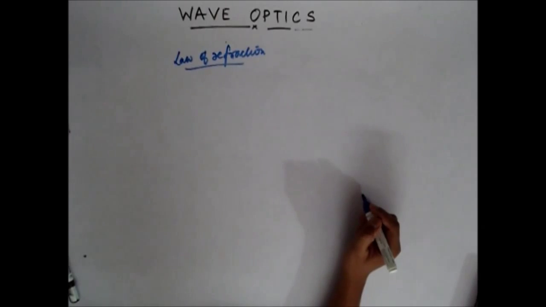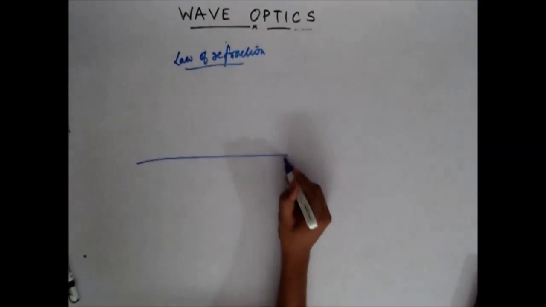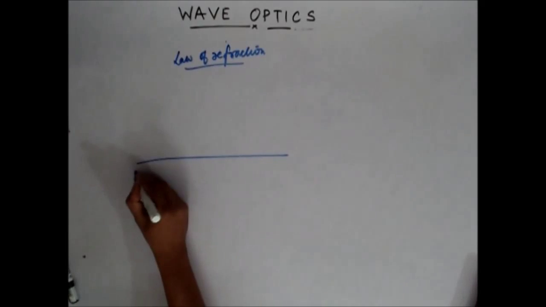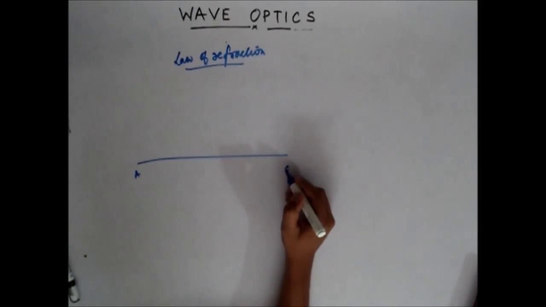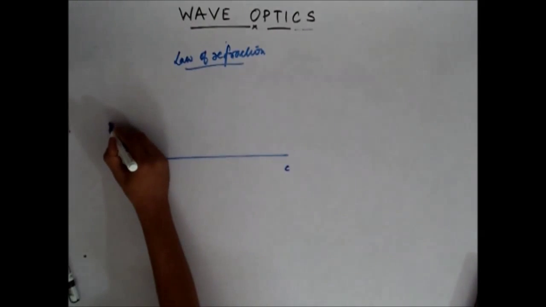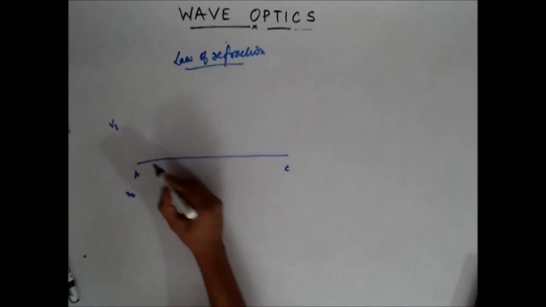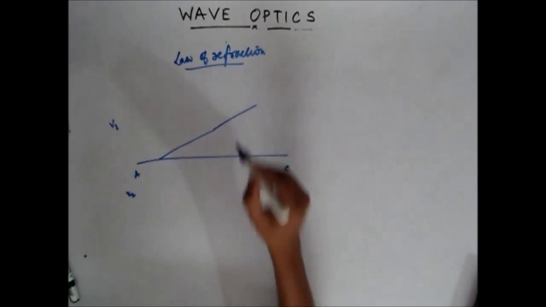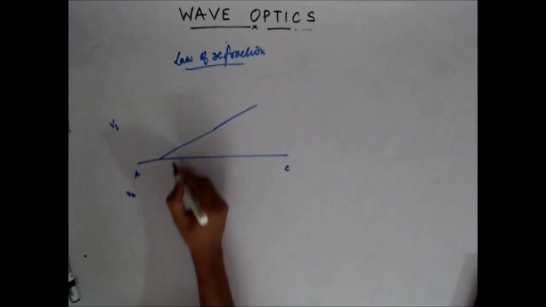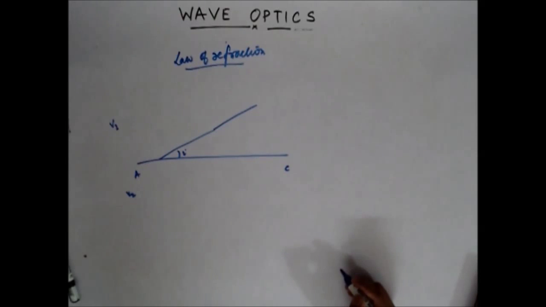To do that, let's say this is a surface AC separating two media, with velocity v1 in this medium and velocity v2 in this medium. Let's say a wavefront is incident on this surface at an angle of incidence i.